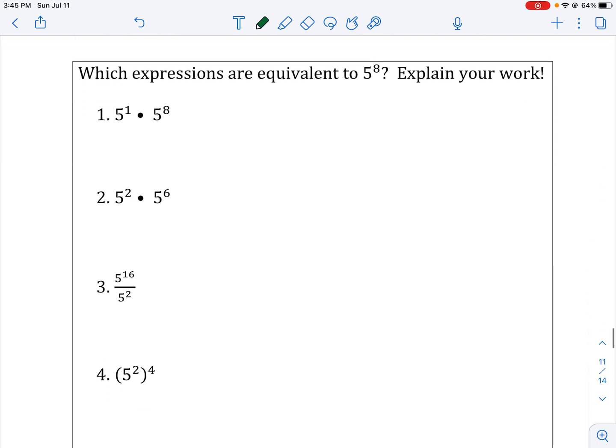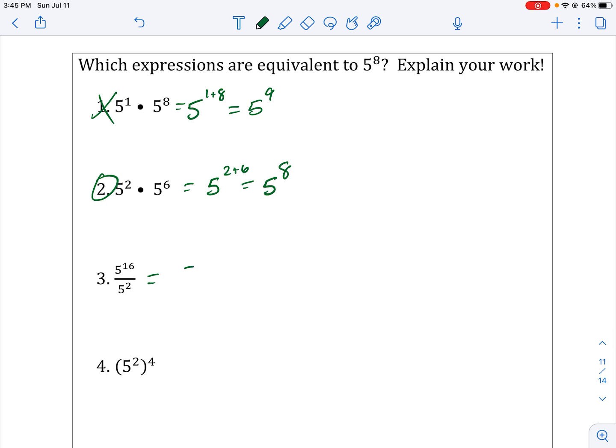So here, which expressions are equivalent to 5 to the 8th power? Well, here, multiply like bases, we should add our exponents. We get 5 to the 9th, so that is not one. Multiply like bases, we add our exponents. This gives us 5 to the 8th. That is one of them.